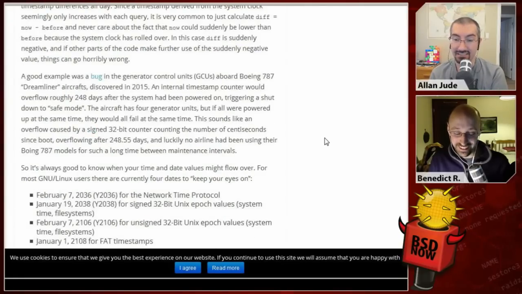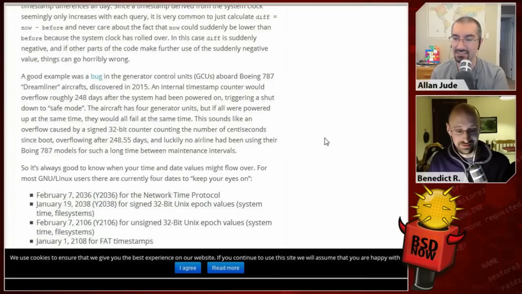And an example of this is there's a bug in the generator control units, or GCU, on Boeing's new 787 airplanes, the Dreamliner, that was discovered in 2015. An internal timestamp counter overflows every 248 days because they go up once every 100th of a second. So that's the 2038 thing, but much faster.